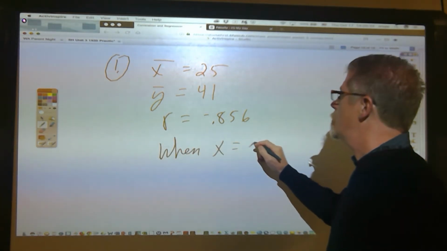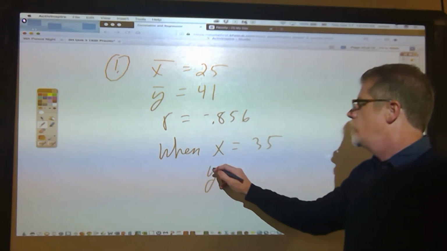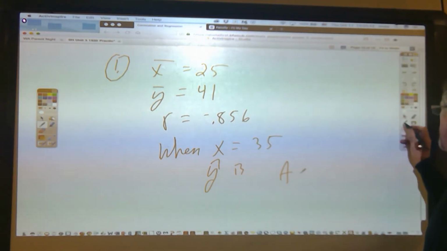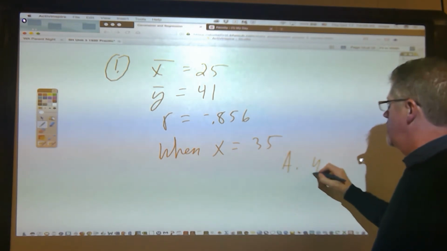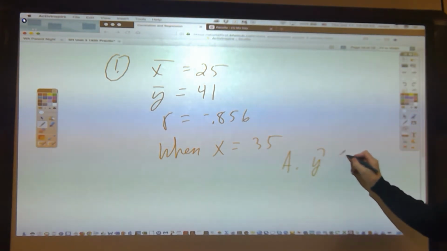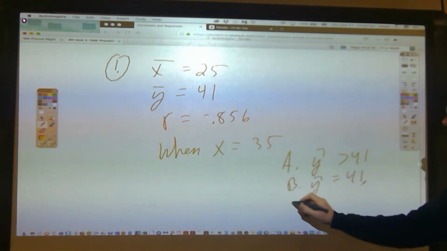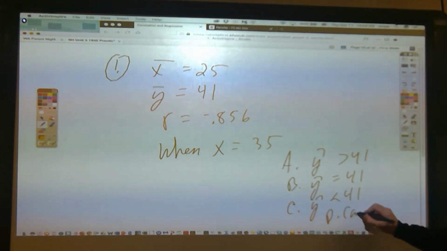When X equals 35, which of the following is true? A, Y hat is greater than 41. B, Y hat equals 41. C, Y hat is less than 41. D, cannot be determined.